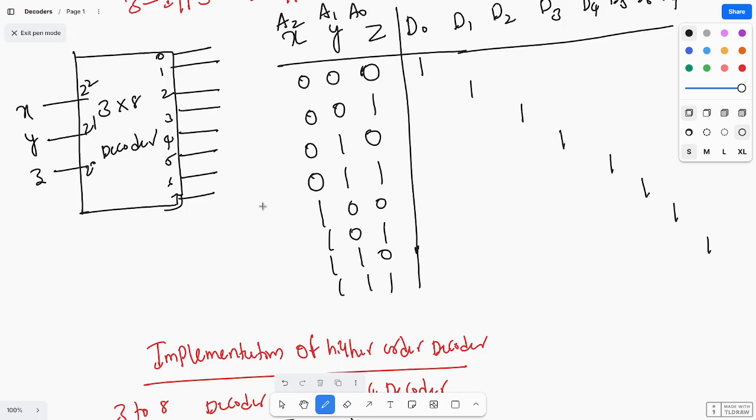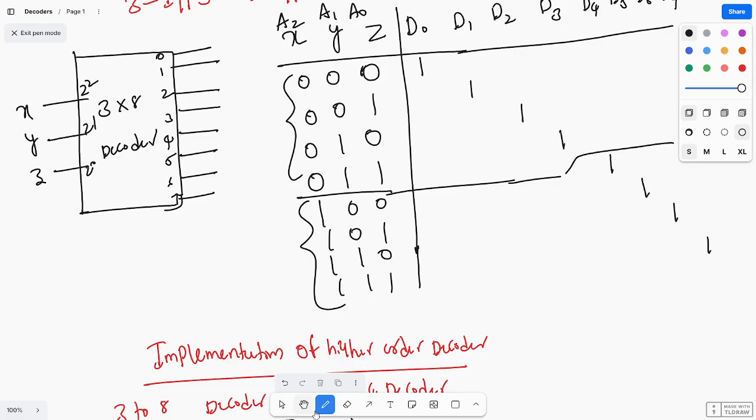When A2 is 0, you are getting the signals from D0 to D3. And when A2 equals 1, you are getting the signals from D4 to D7.